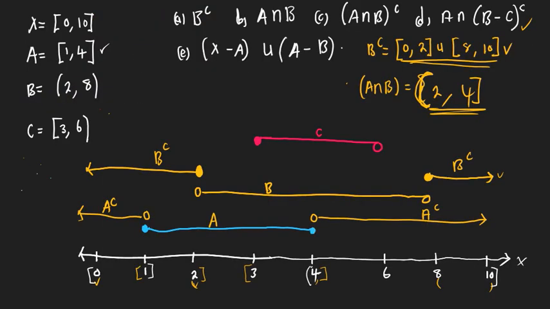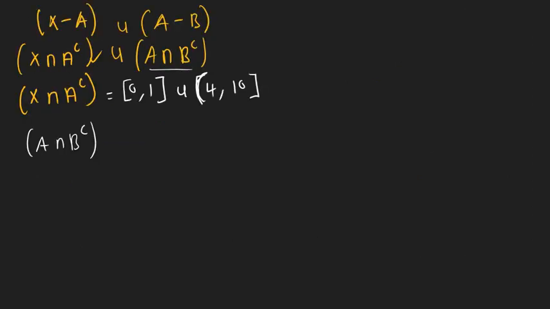Where set A and B complement are meeting, it's here and here. This guy here is not intersecting with A at any point, so it is only at this particular point and this particular point. It is this region we are talking about. So it is at 1, 2 included.